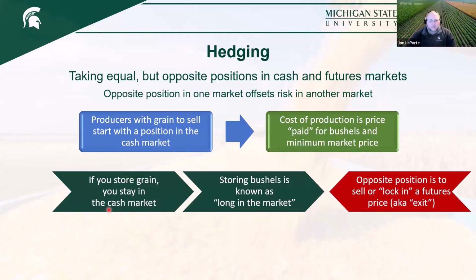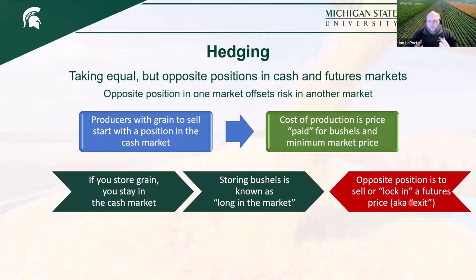So if you're in the cash market, you theoretically want to exit the futures market. You don't want to be in a position where you're trying to get into the market. So if you're selling a futures contract, the idea is that you're selling the theoretical bushels on that contract, and so you're trying to exit the futures market from that position.